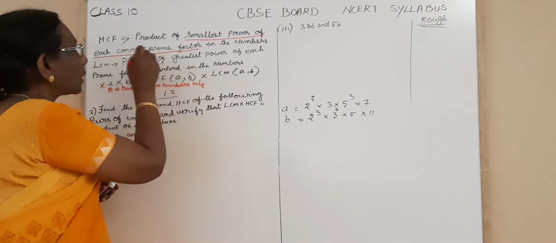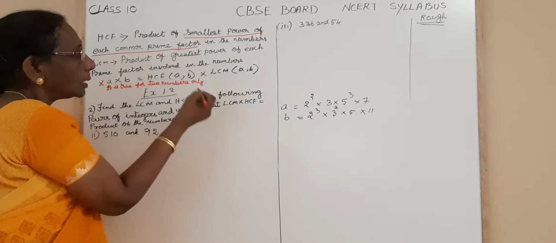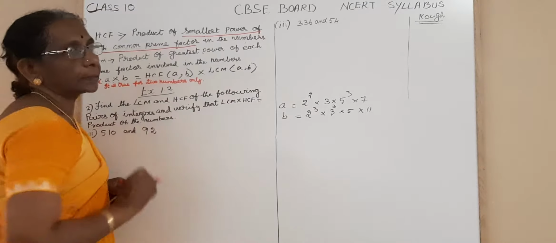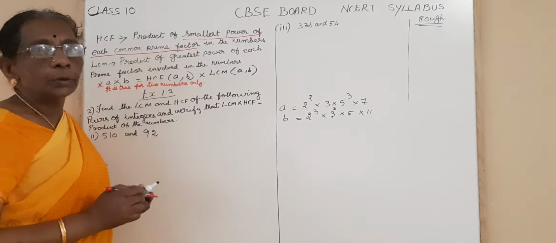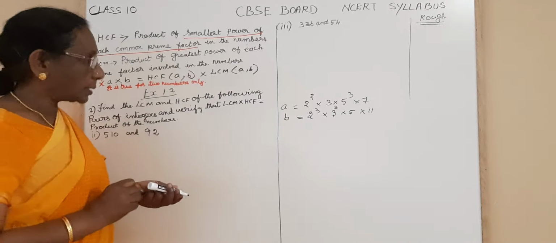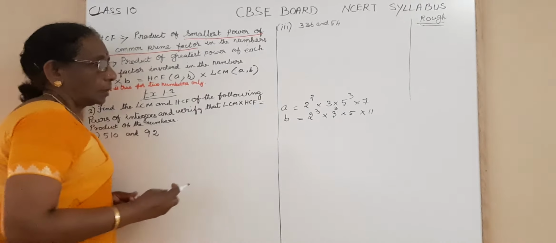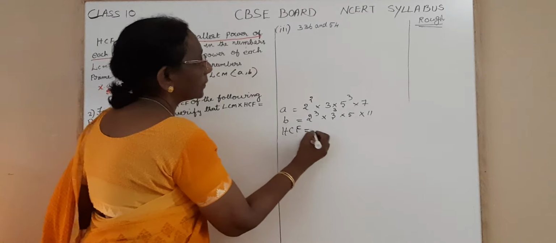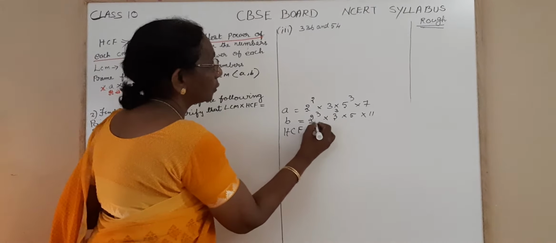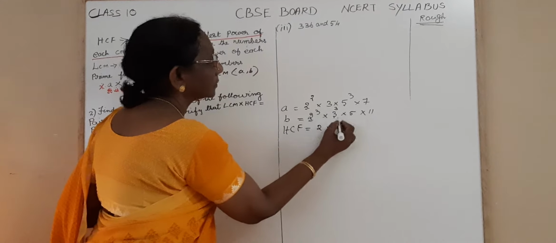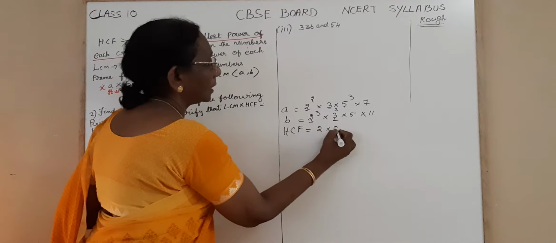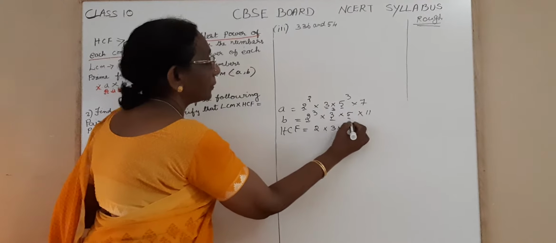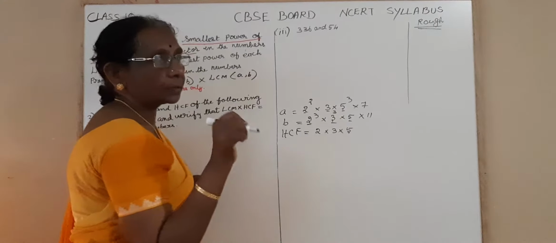So first you select the common prime factors, then you select the smallest powers, then you multiply, and you will get the highest common factor, the HCF. What are the common prime factors here? 2, 3 and 5. Only the common prime factors you have to write.